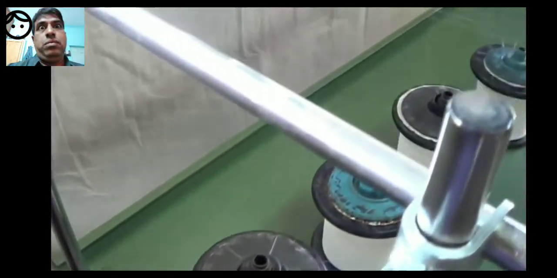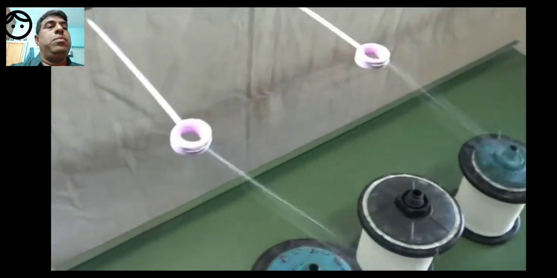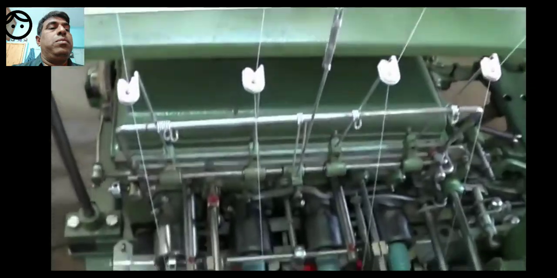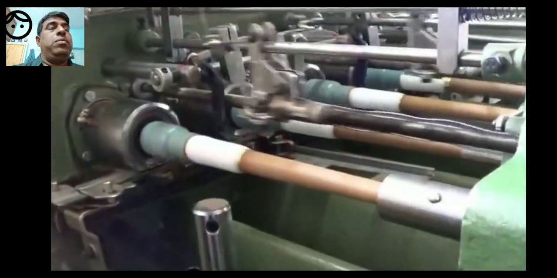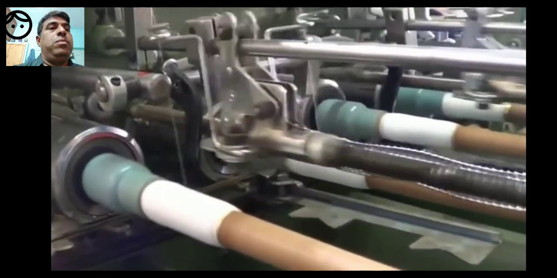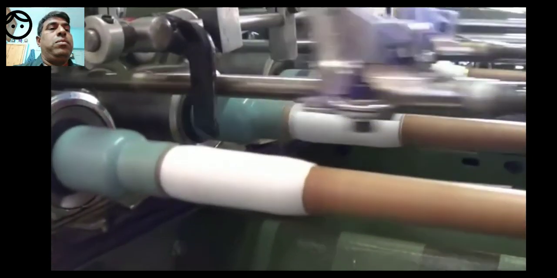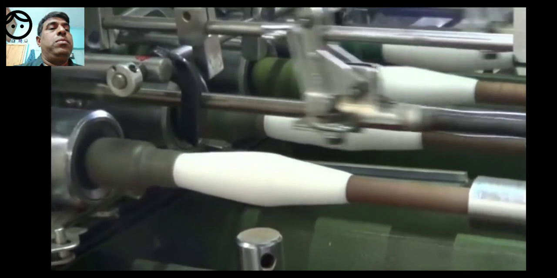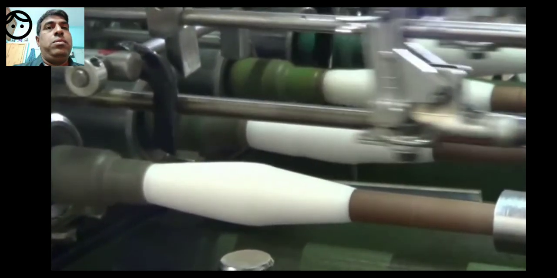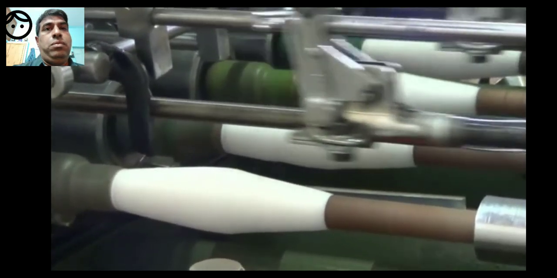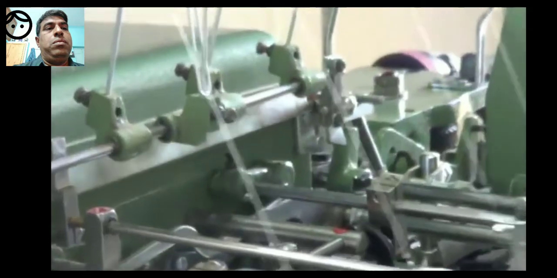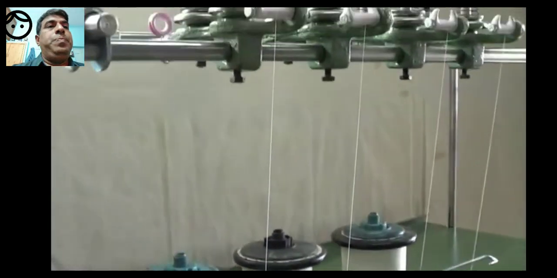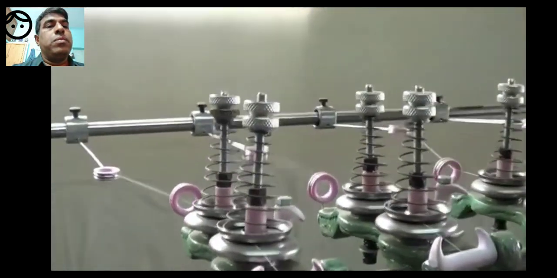Machine also supports winding of polyester, cotton, synthetic, silk, nylon, filament, terylene, man-made fiber, woolen yarn, acrylic, viscose, zari, etc. The tension can be adjusted as per requirement.